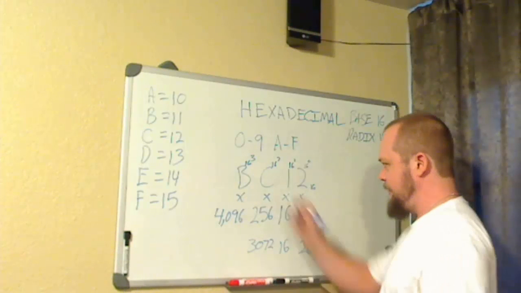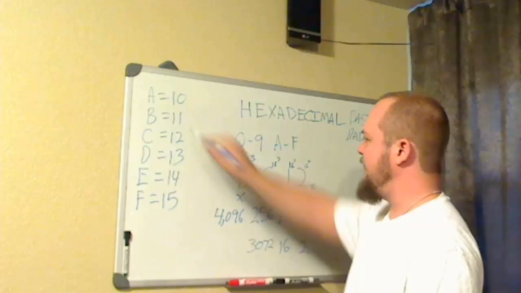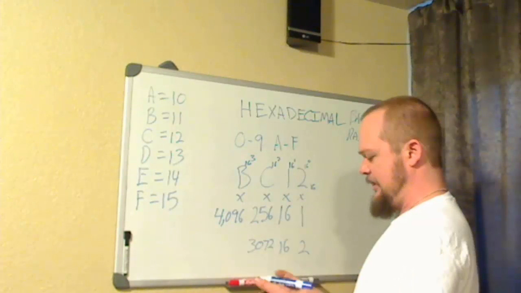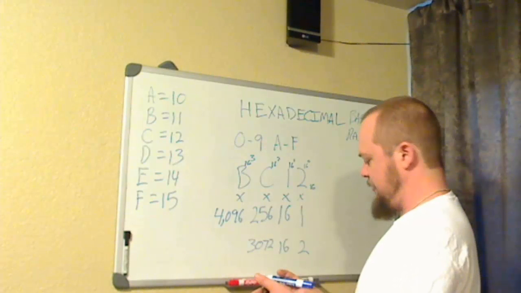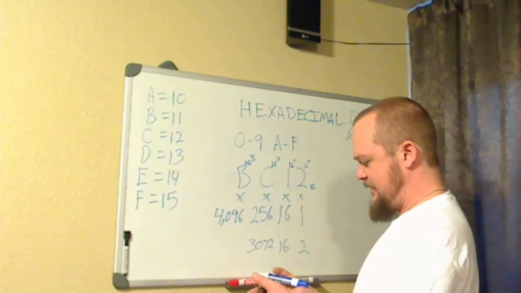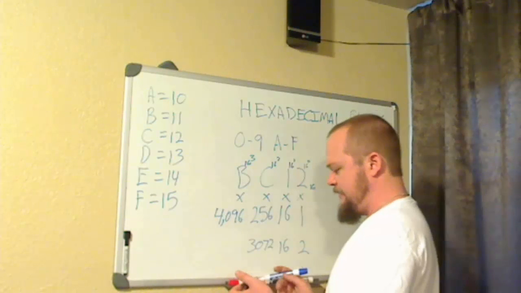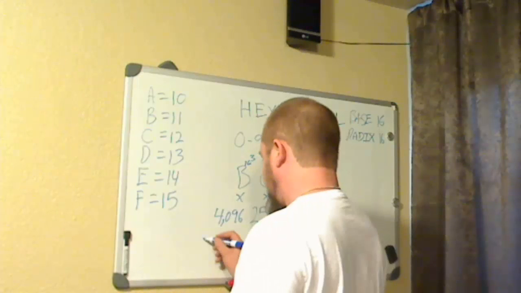And B is equal to 11. So 11 times 4,096 equals 45,056.